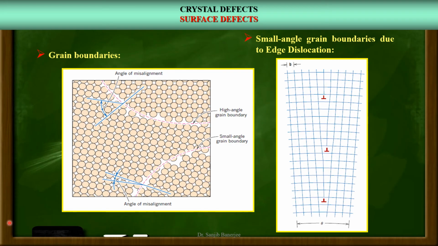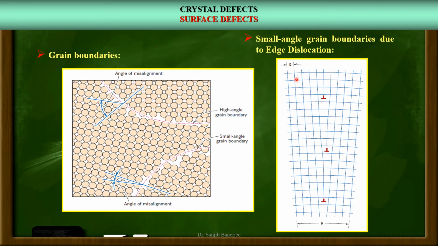Now let us come to a few more important facts regarding the grain boundaries. Let us first consider this figure, which shows a particular grain. We know that an edge dislocation is nothing but an extra half plane of atoms.